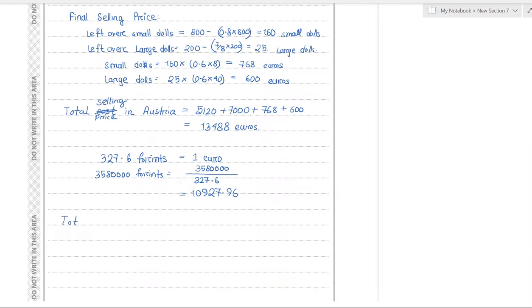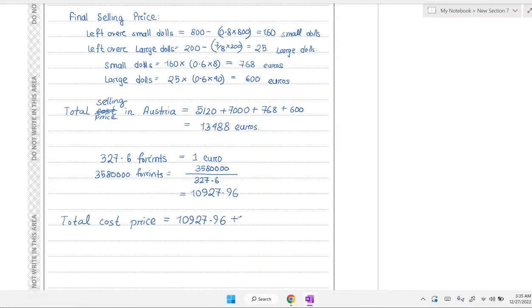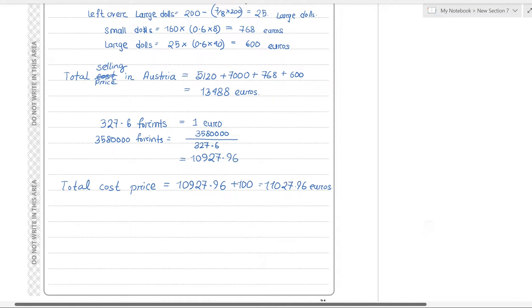But for the total cost price, we have to add 100 because there was a shipping charge, transporting cost of the dolls from Hungary to Austria. So the total cost price was 927.96 plus 100, which would give you a value of 1027.96 euros. So this is the total cost price, 1027.96 euros.